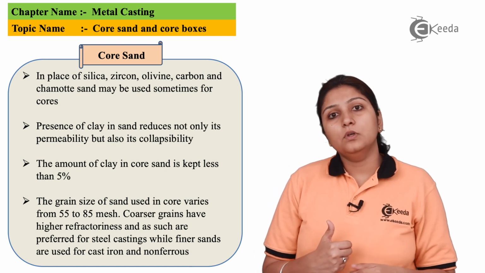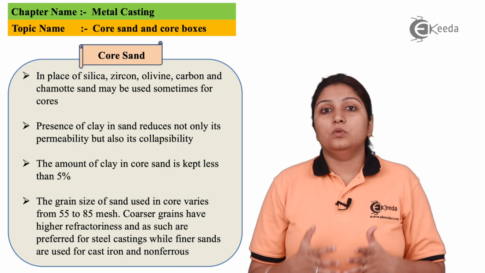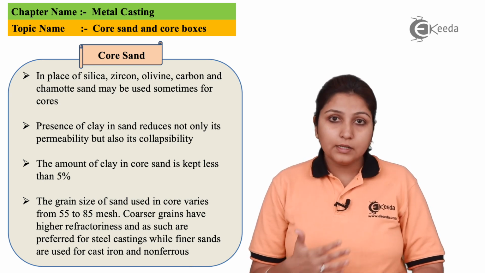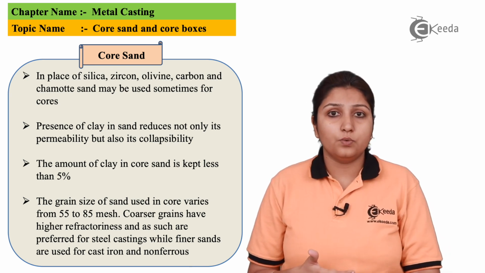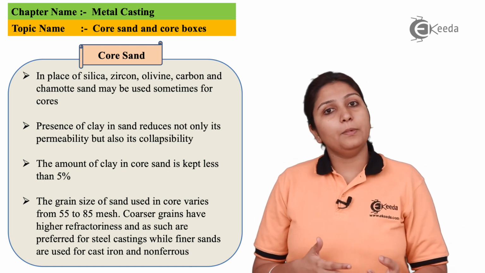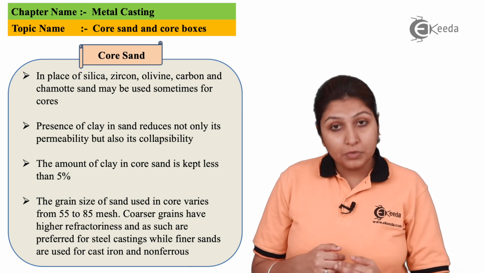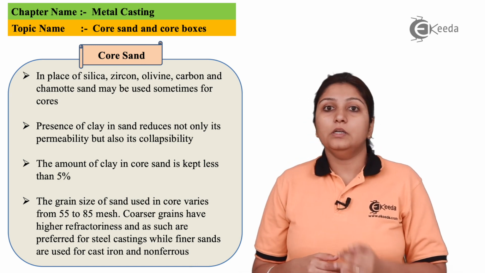So what happens is clay plays a very important role in making a core sand. As clay is also a very important constituent in making a sand, when you come to core sand, if you increase the percentage of clay, its permeability as well as collapsibility reduces.